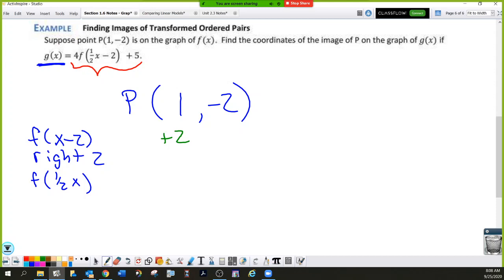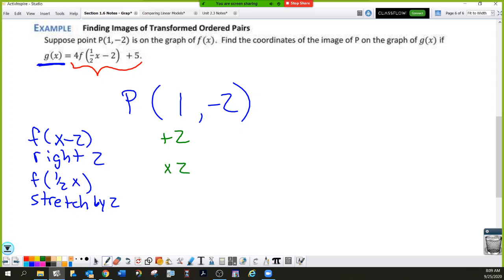Stretch. The words never lie. The function notation lies. If you're going to multiply something by 2, you're making it larger. That's why I said the number's 2. You go, oh, that's a stretch. So this is a horizontal stretch factor 2. And when you stretch something by a factor of 2, what do you do to the number? Yeah, you multiply by 2.